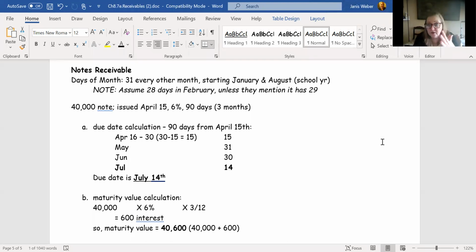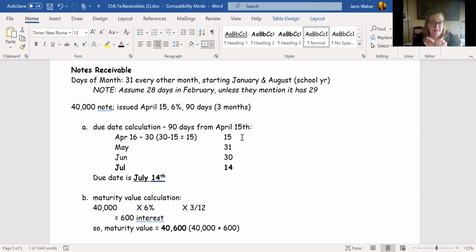May has 31, June doesn't. July has 31, right? So March has 31, so April does not. April does not have 31 days, it has 30. So 30 days, and you subtract the 15th, which is the day that thing was issued, and that leaves you 15 remaining days that the note's going to expire, 15 days worth in April.